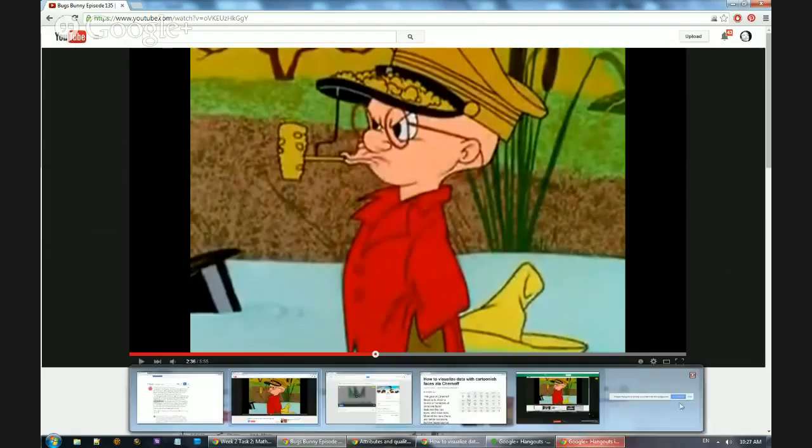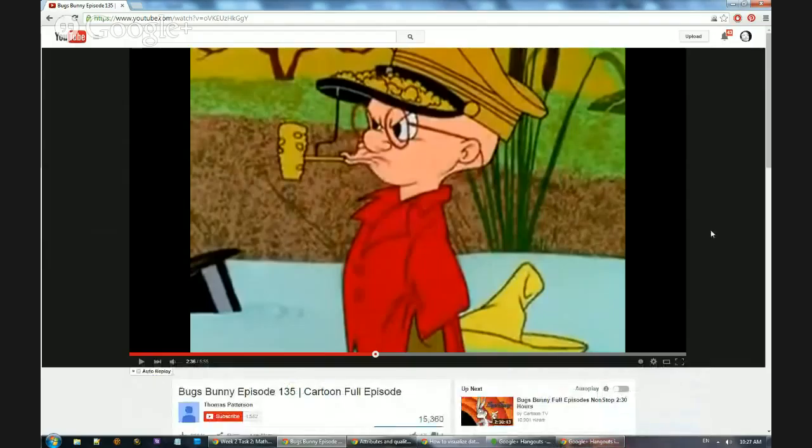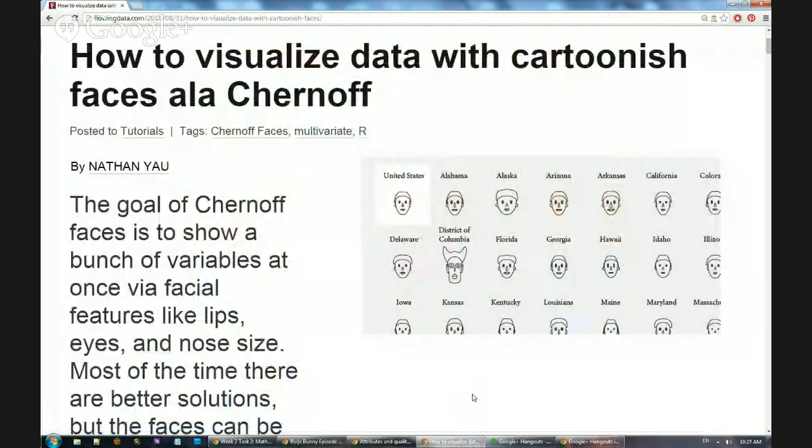And another example, this is actually used in data analysis. So here is something called Chernoff faces. The idea is that each attribute of a face stands for a piece of data, some category. So this is some data by states. So here is the average face of the United States.